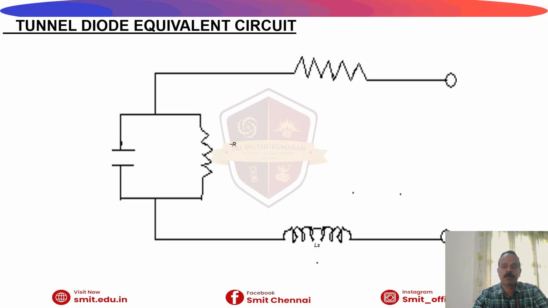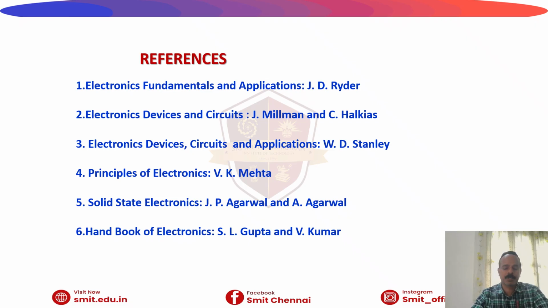Then coming on to the various other features across the applications of tunnel diodes: due to its extremely fast response and negative resistance characteristics, tunnel diodes are used in very high frequency oscillators, microwave amplifiers, as well as ultra fast switching circuits.